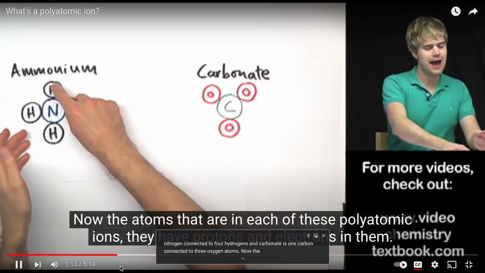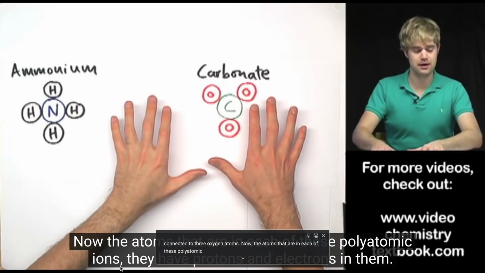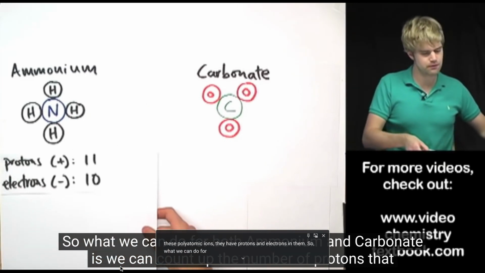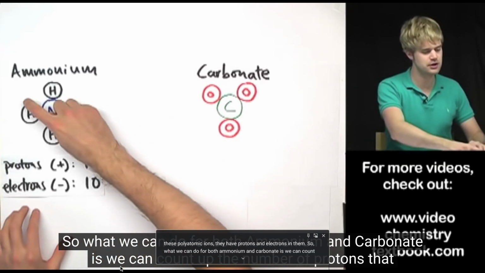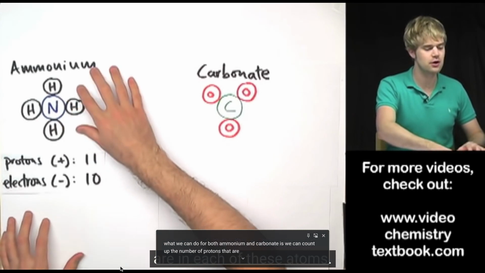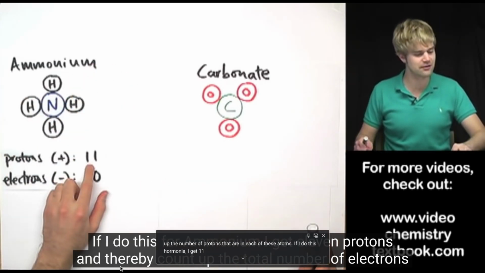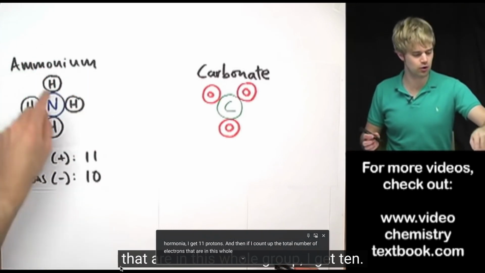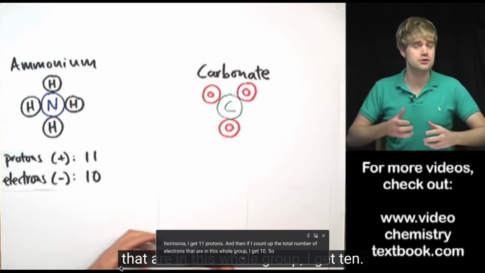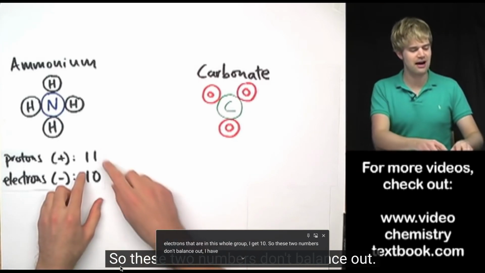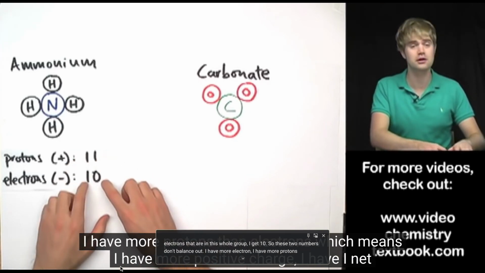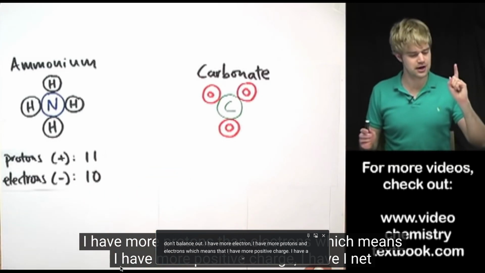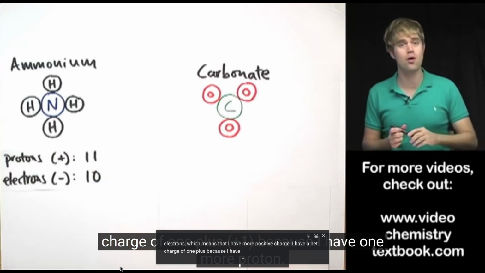Now, the atoms that are in each of these polyatomic ions, they have protons and electrons in them. So what we can do for both ammonium and carbonate is we can count up the number of protons that are in each of these atoms. If I do this for ammonium, I get 11 protons. And then if I count up the total number of electrons that are in this whole group, I get 10. So these 2 numbers don't balance out. I have more protons than electrons, which means that I have more positive charge. I have a net charge of 1+ because I have 1 more proton.